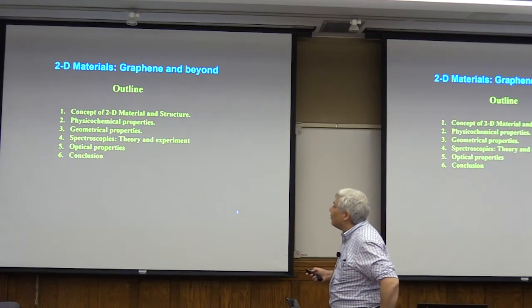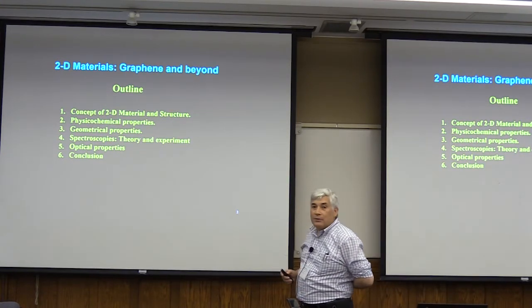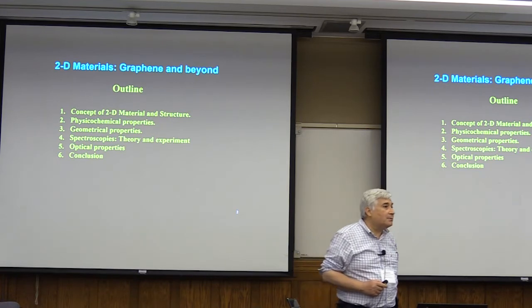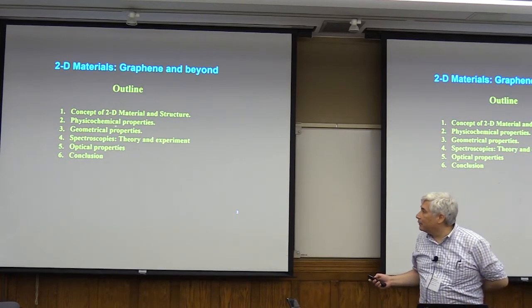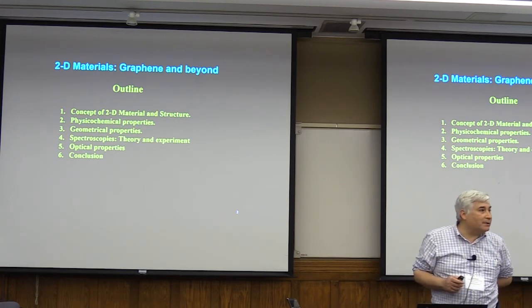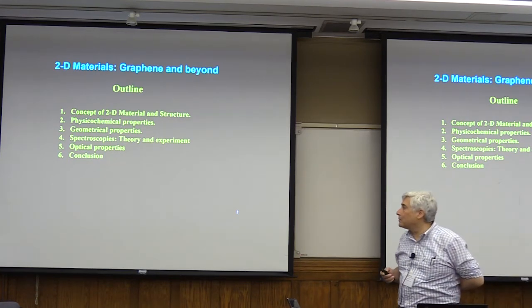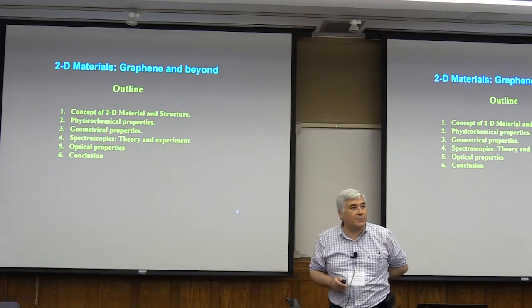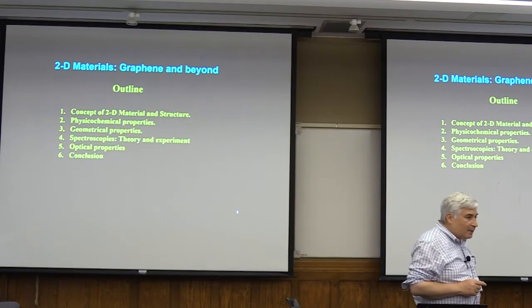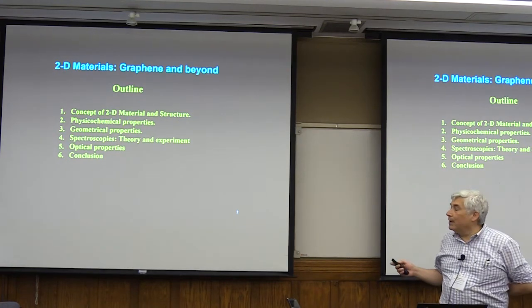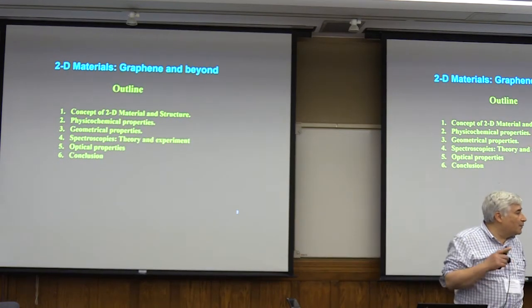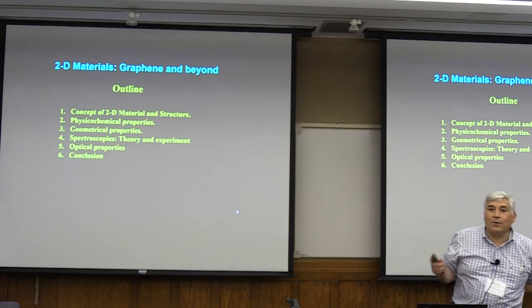Of course, once you are using your computer, you can calculate some properties, right? And these properties, I have put here physico-chemical properties. You can calculate the band structure, you can calculate the phonon dispersion, but you need to compare with the experiment. If your calculation does not agree with the experiment, then something is wrong.